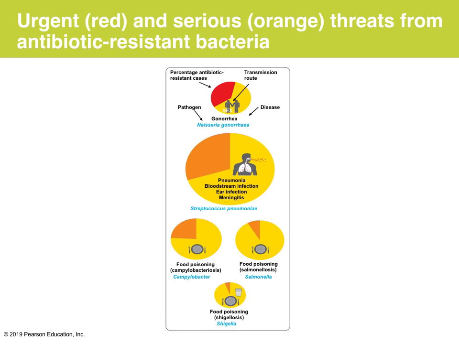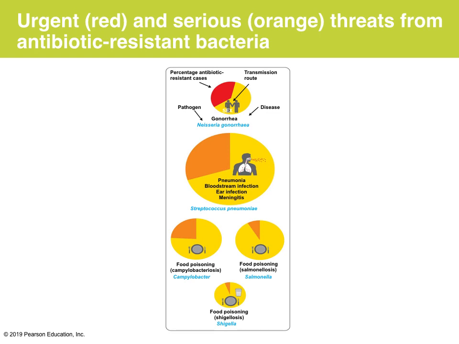So they have a series of diagrams here showing urgent, the deep red, and serious, orange, threats from antibiotic-resistant bacteria that affect humans. Right, so the orange or red refers to percentage of antibiotic-resistant cases. So the top one is a form of gonorrhea. The pathogen is Neisseria gonorrhoeae, and it's a generally sexually transmitted organism.